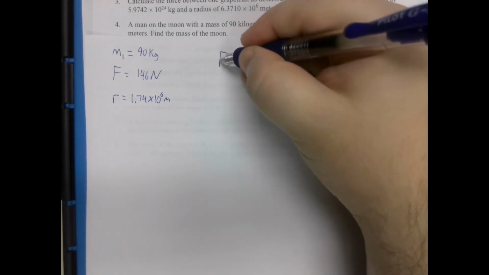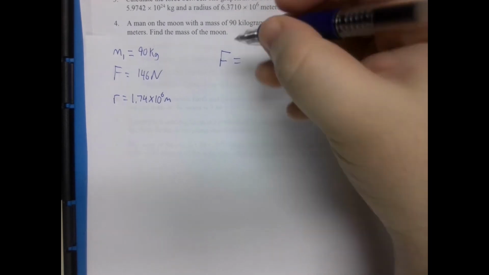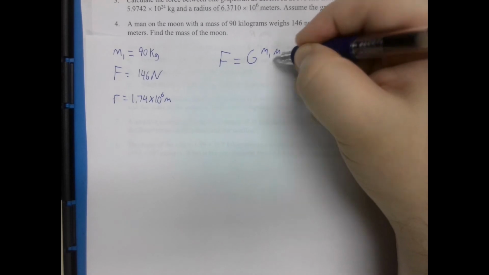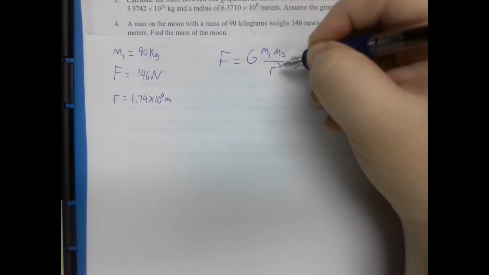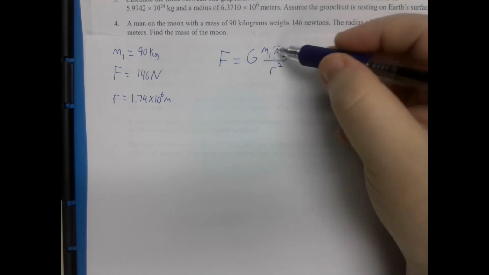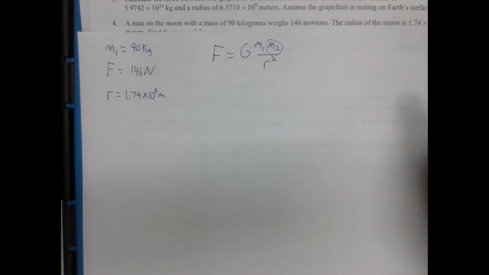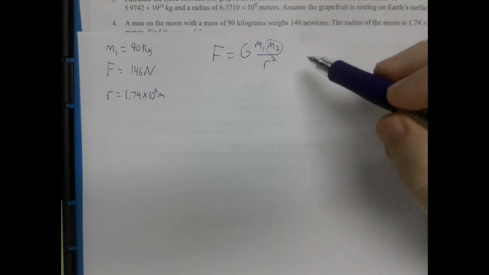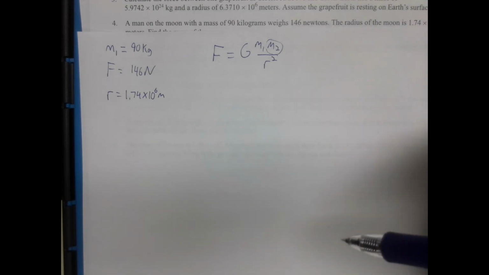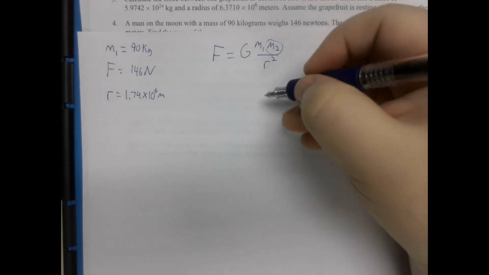So we have this equation, F equals G M1 M2 divided by R squared, and it's asking you to solve for M2. This requires algebra, and I know not everyone has algebra, and there's no way to set this up using a triangle, so I will just solve it and tell you what it is.